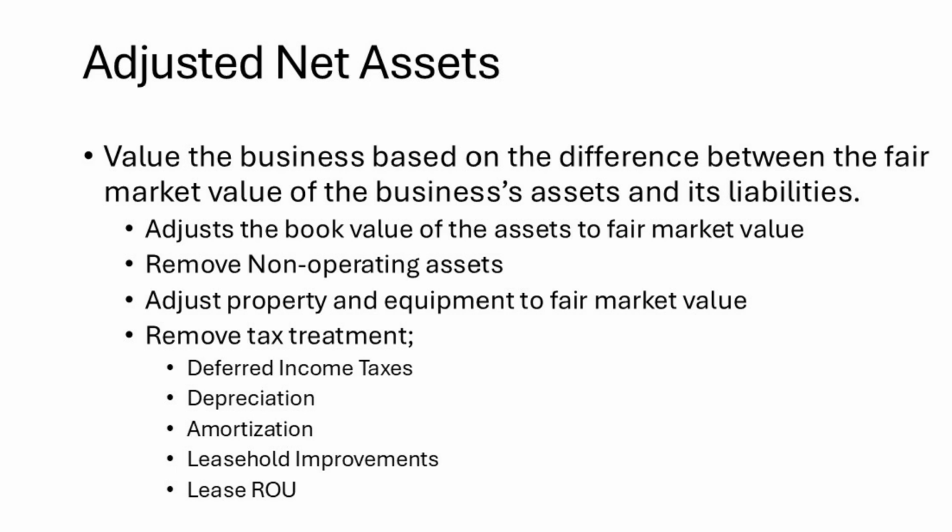So if you have a boat that's on the balance sheet, but it is not obviously a business-related expense or asset, and the liability associated with that, we'd remove those from the balance sheet. The other things that you're looking for are excess cash.